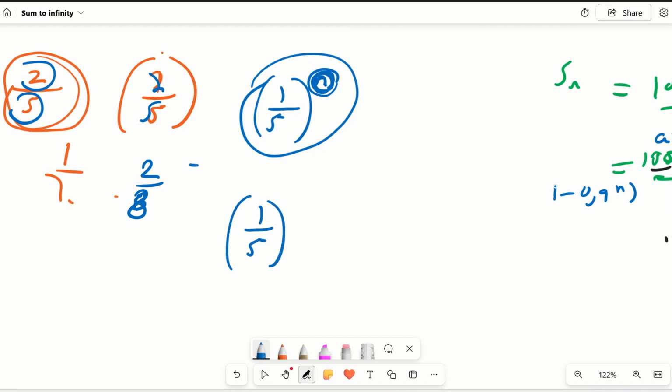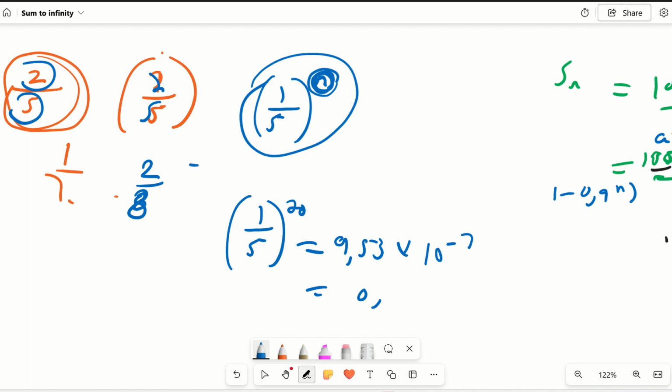Can you put 20 there and tell me what answer you get? You get 1 over something thousand or a million, whatever it is. In exponential form, you get something like this.